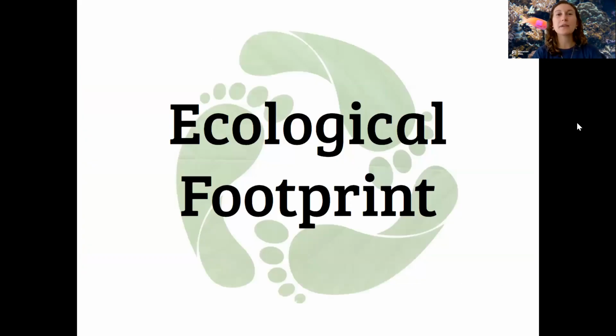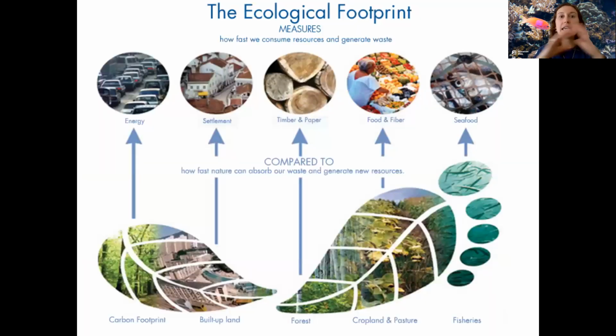Another big concept that we'll be exploring this upcoming week is ecological footprint. Your ecological footprint is essentially measuring, in hectares, which is an area of land, how many resources we consume and how much space we need, not only to produce those resources, but also to hold all the byproducts from that resource use.